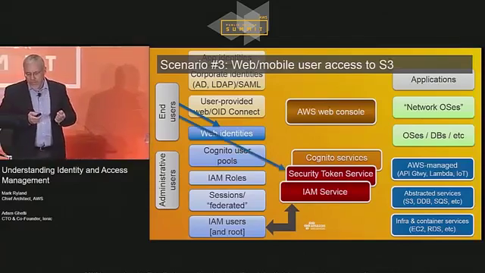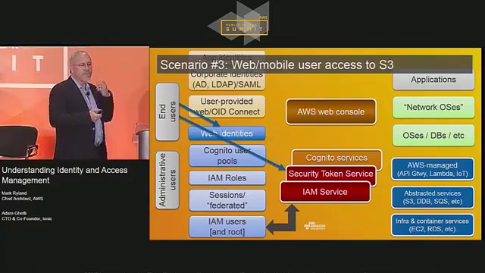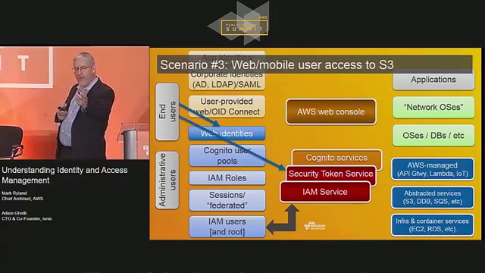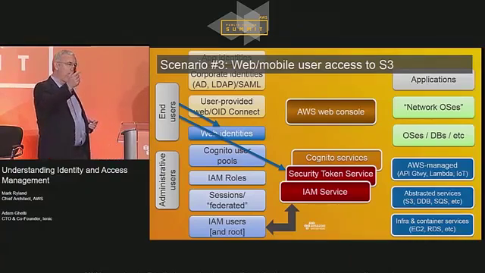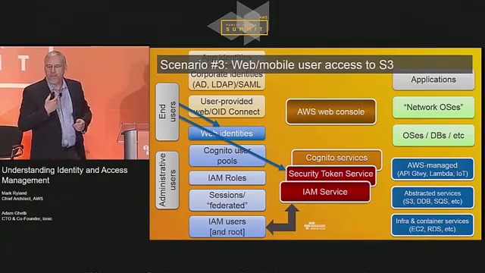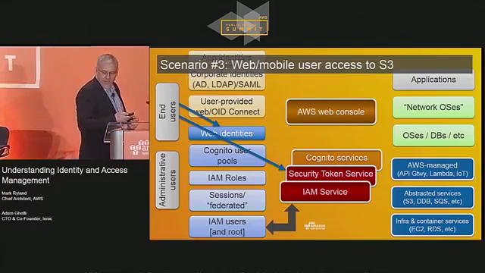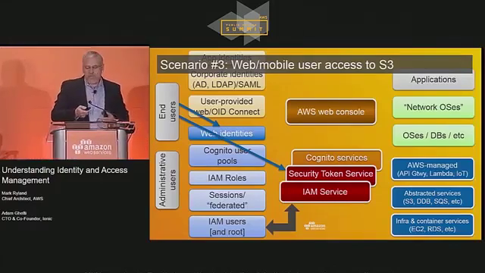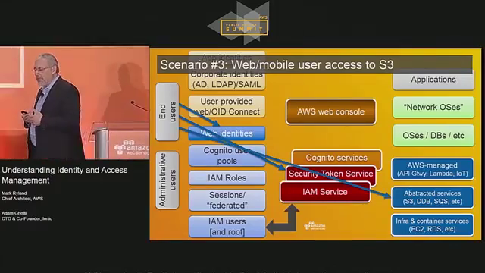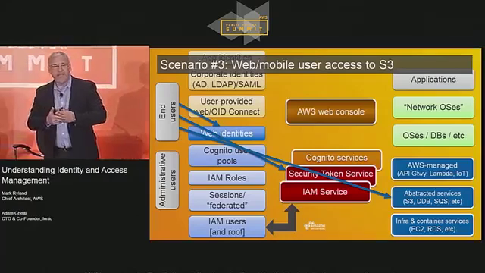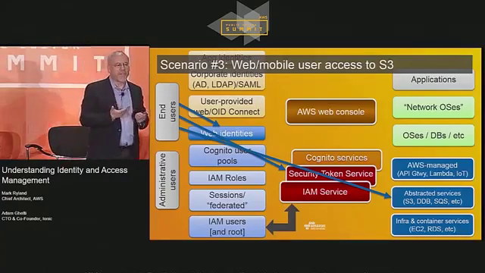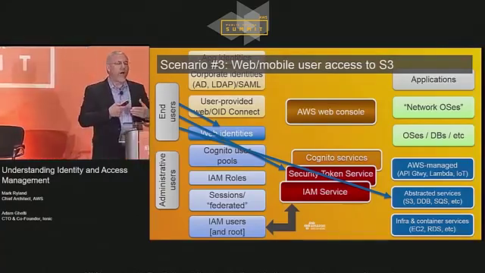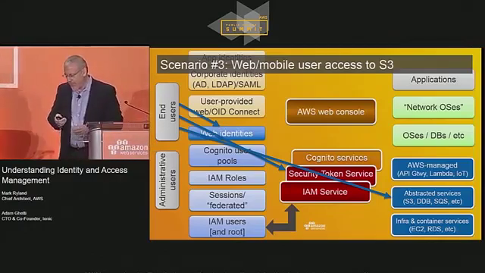Take that token, go to STS, say, here's a token proving that I'm Joe, give me back an Amazon role that corresponds to Joe. You get back the Amazon token, and then you use that token to sign your request to S3. You make a direct call to S3, and you have secure access to anything that the author of the application wants you to access in the S3 storage system.